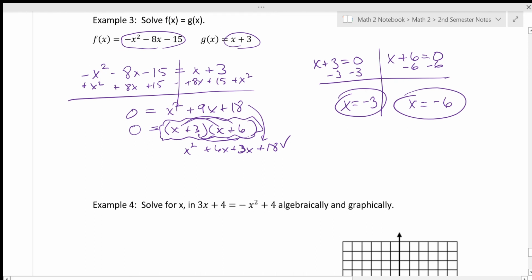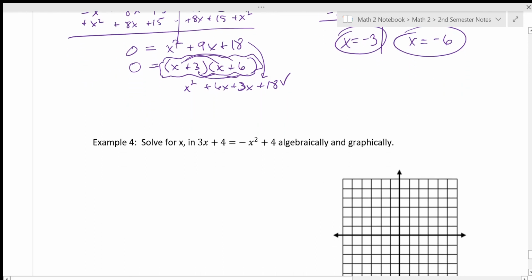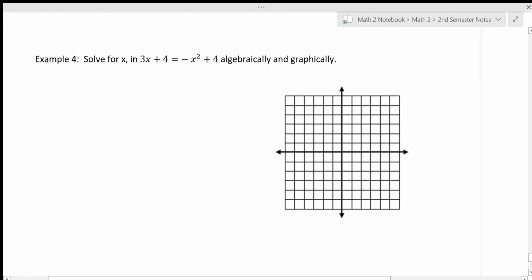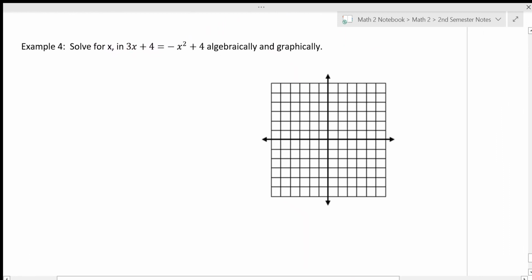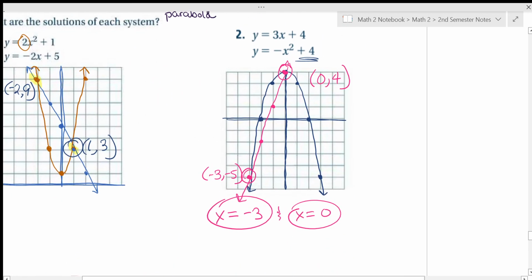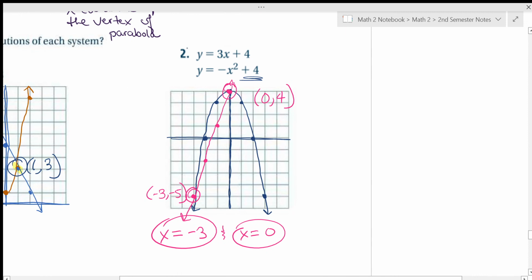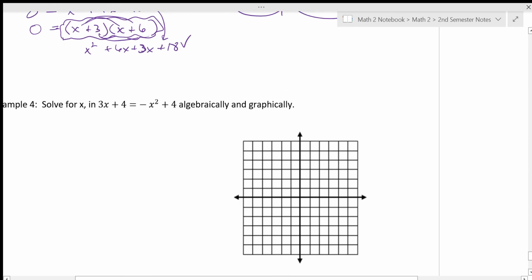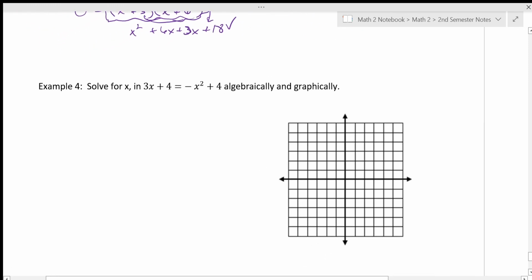Okay, so we're solving systems algebraically, and then on example 4, we're going to solve algebraically and graphically. Now, let's see, the 3x plus 4 and the negative x squared plus 4, that's what we did up here, right? So this graph right here, that's the same graph that we would put down on this example, but we're not going to do it again. Okay, so we already solved for it graphically.